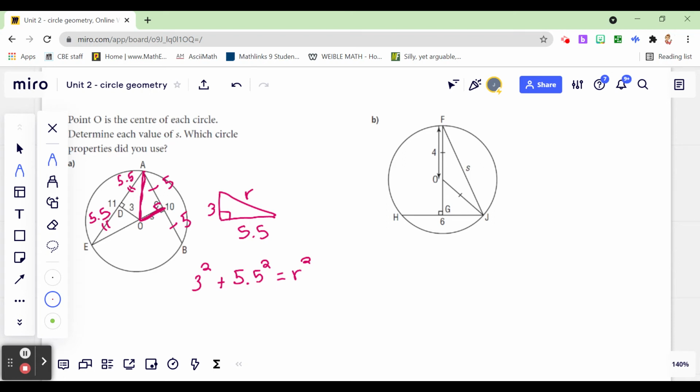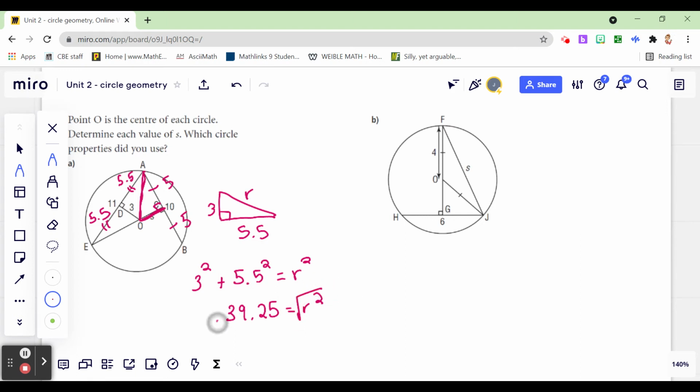Okay, so I'm going to quickly plug that into my calculator: 3 squared plus 5.5 squared equals 39.25, which is equal to r squared. And I have to always remember I'm actually looking for r. My snipping tool popped up there, didn't mean that to happen.